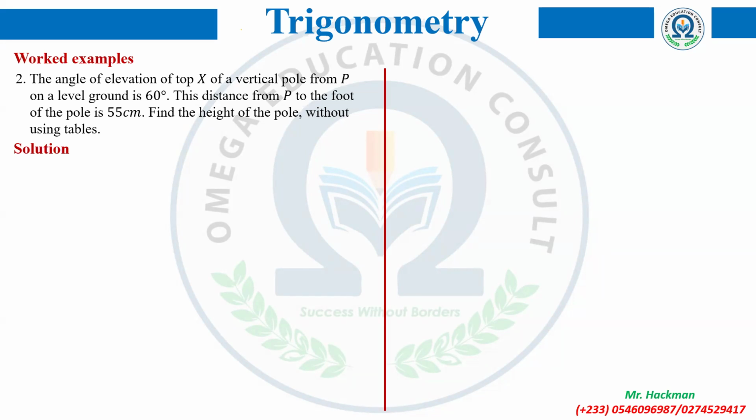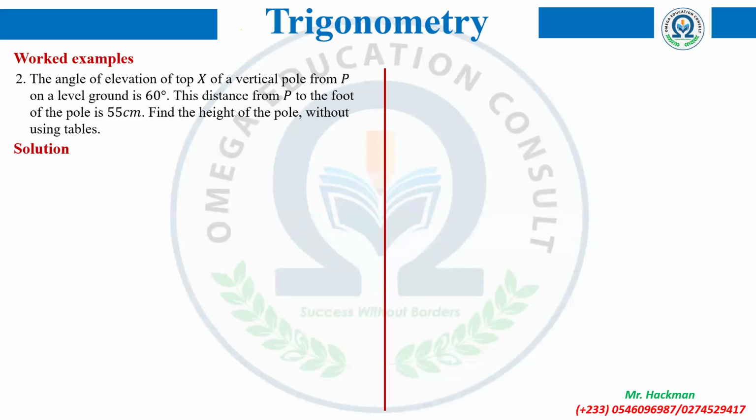The distance from P to the foot of the pole is 55 centimeters. I guess it should be the distance from P to the foot of the pole, but it still makes sense. Find the height of the pole without using tables. So indirectly, the question is telling you without using calculators as well.